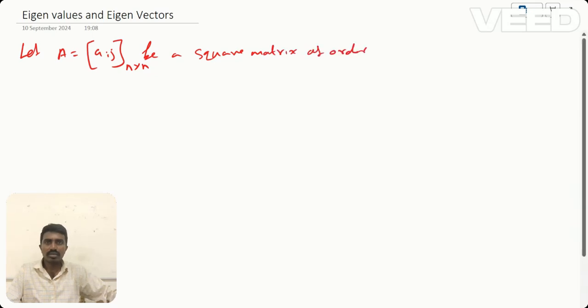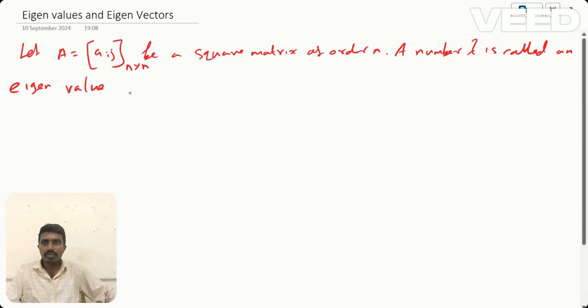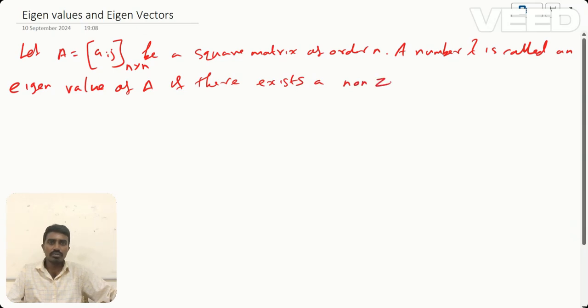of order n. A number lambda is called an eigenvalue of A if there exists a non-zero column matrix X, which is x1, x2, so on, xn.